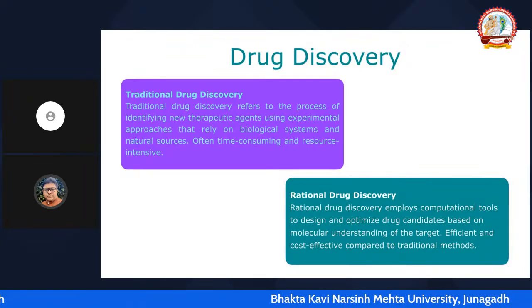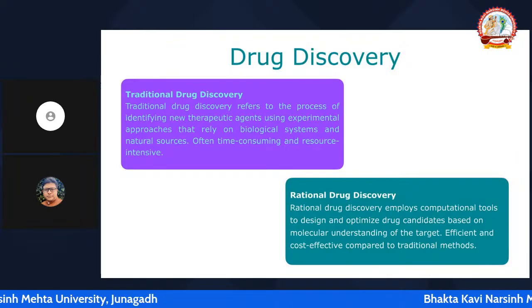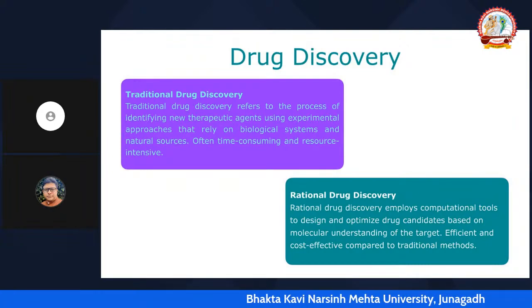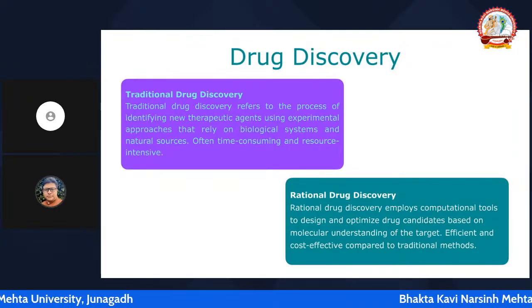Rational discovery basically employs computational tools in the beginning and in the middle, to design the compounds at the start and to optimize them over a period of time. That gives a better understanding of the interaction of your molecule with the biology.